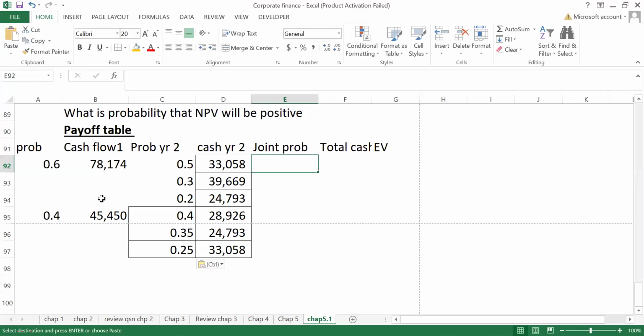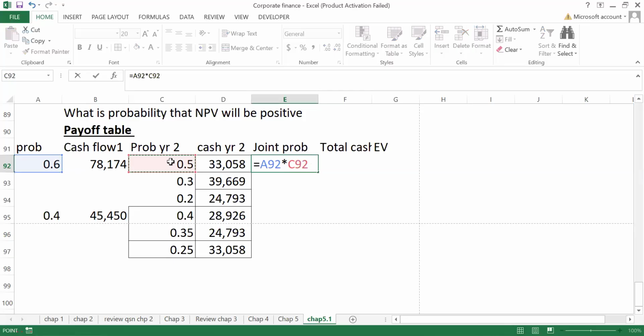Now, to get our joint probability, we are going to multiply this by this. It's going to be 0.6 times this, 0.6 times this.